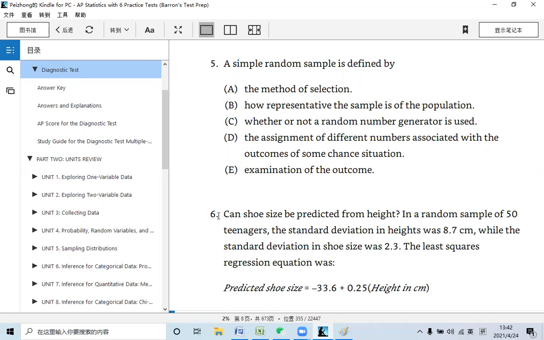Number 6. Let's see. Oh, number 5, a simple random sample.